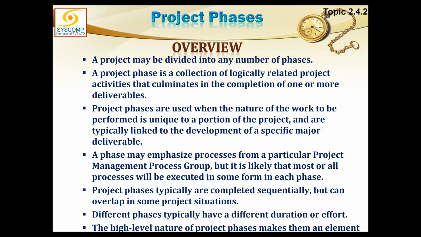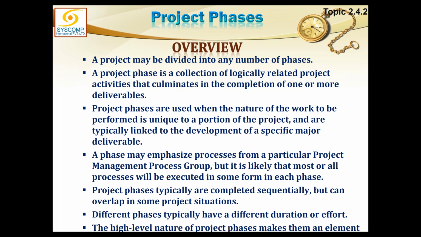Every phase may go through initiation, planning, execution, monitoring and control, and close, but at the same time we already have studied that none of these processes, the 47 processes, are mandatory in nature.